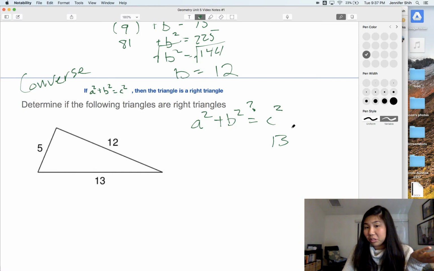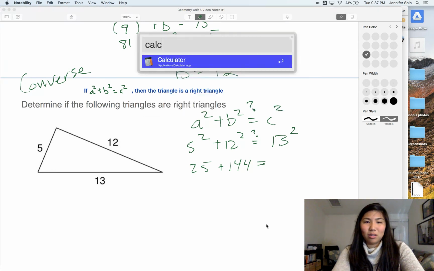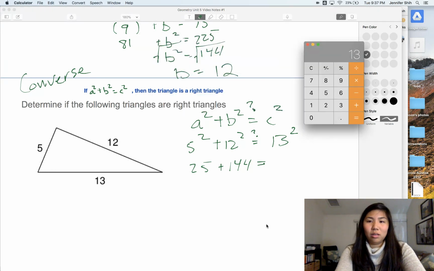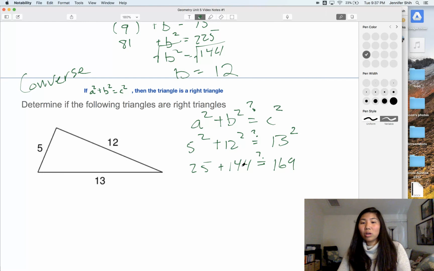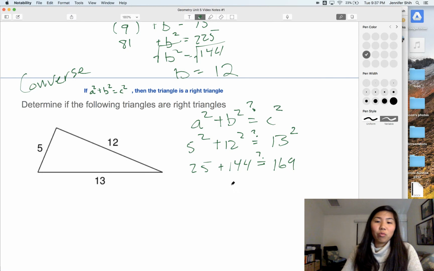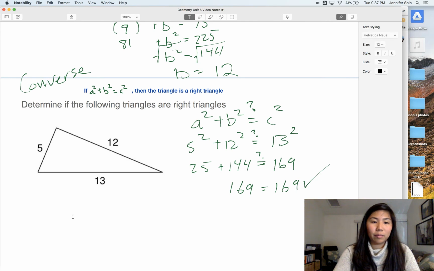Okay, let's just see. So is this equal? Is 5 squared plus 12 squared equal to 13 squared? This is 25, this is 144, and this is 169. Okay. So is this equal? And 25 plus 144 is indeed this number. So yes, you could write yes.